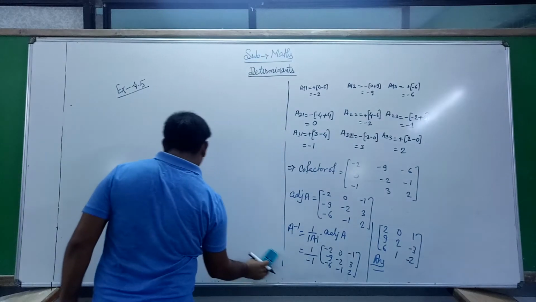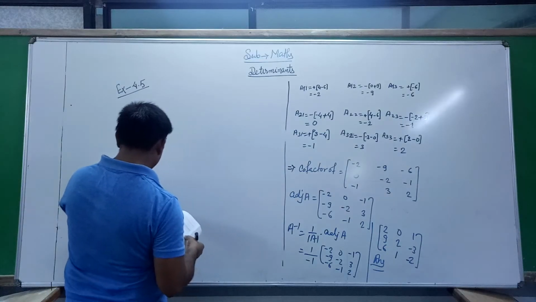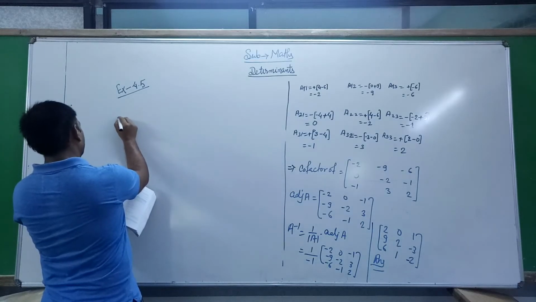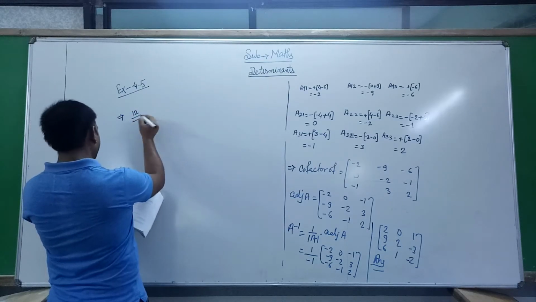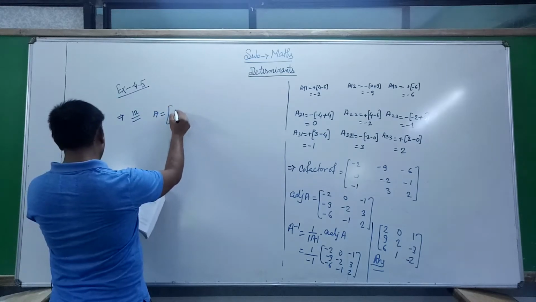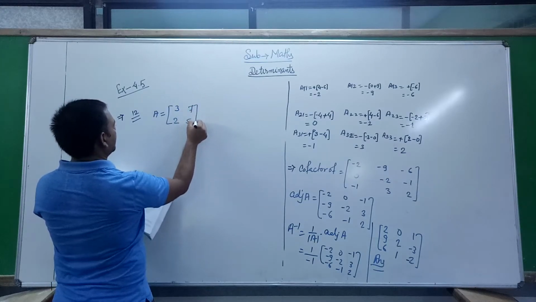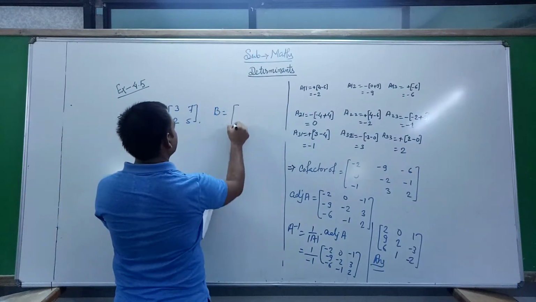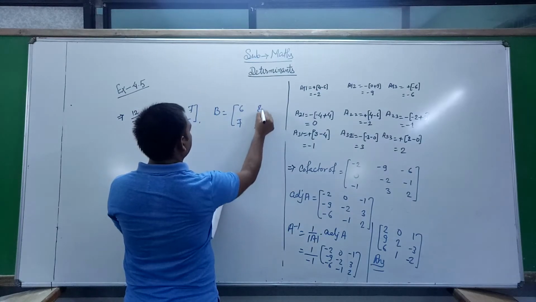Another question is also given here. Some questions are given. If you have question number 12, it is given that matrix A is equal to 3, 2, 7 and 5, and matrix B is 6, 7, 8 and 9.